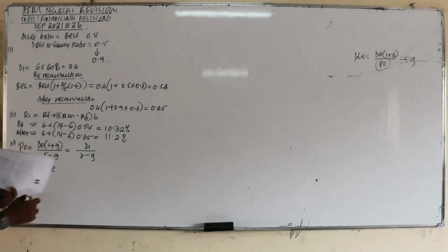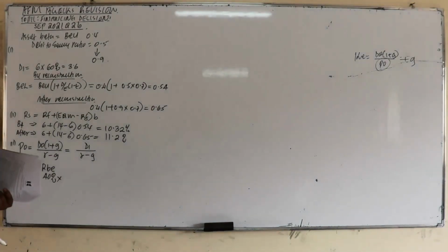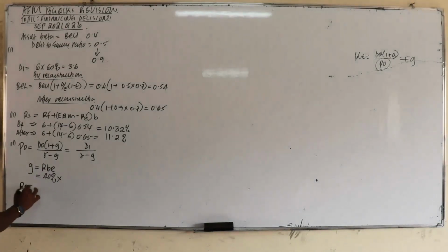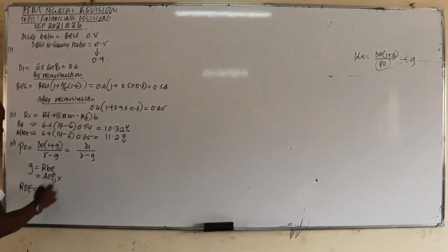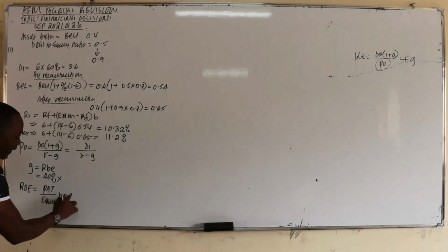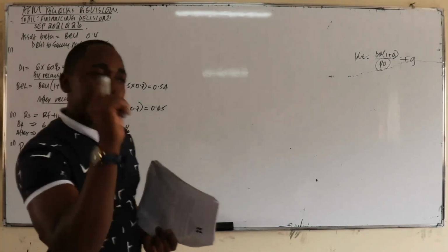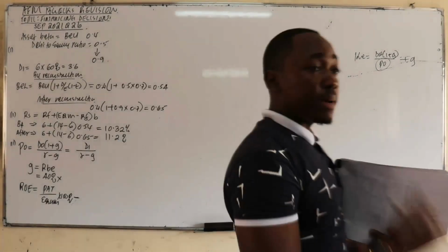So how much do you retain? 40%. What is b? The return on equity. How do you get the return on equity? It is the profit after tax divided by the equity, or you take the earnings per share over the market price per share.